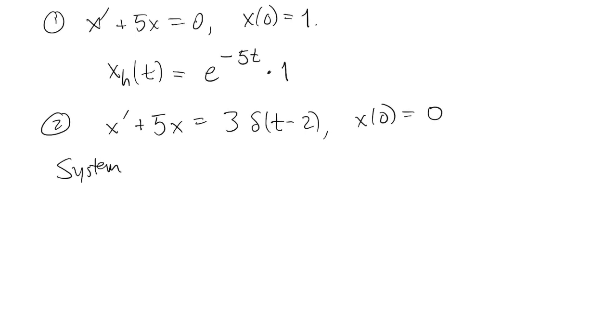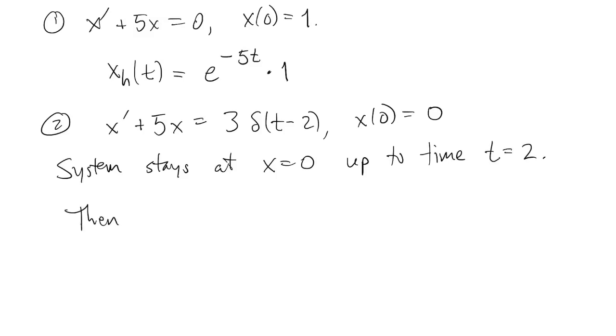So this system starts at 0 and has 0 forcing for a while. So it just stays 0 up until the time of the impulse. And then once the impulse has hit, we're again at a homogeneous problem, but now with an initial condition where we went up from 0 to 3.